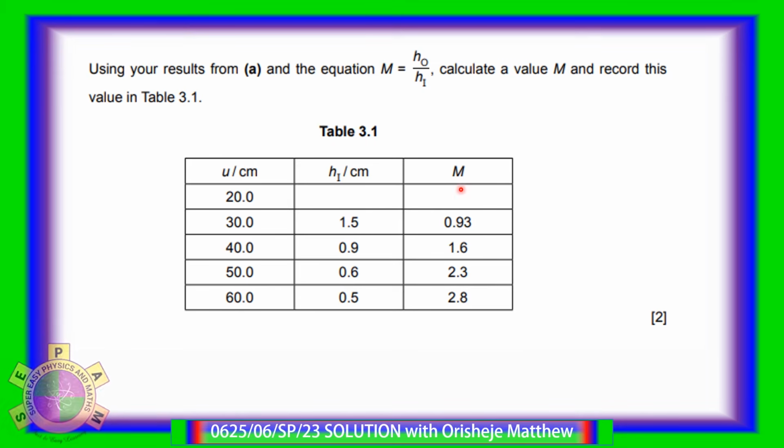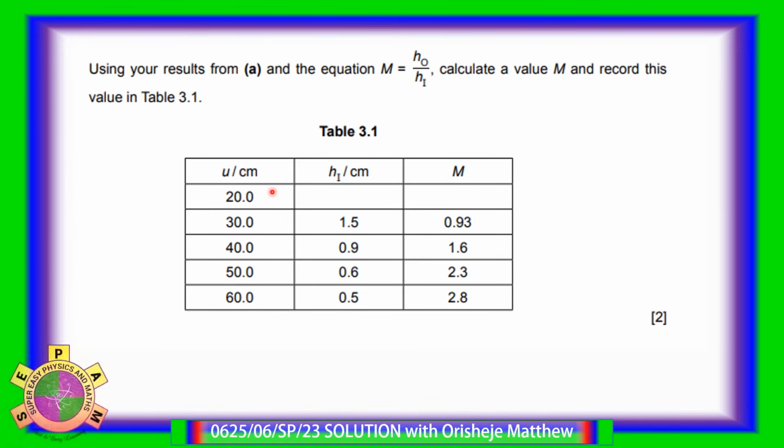That is why when you are answering alternative to practical questions, follow the instruction given in the practical. Follow it step by step, because there might be a modification different from the normal way of conducting the experiment that you are used to, that you did in class during the period of preparing for this exam.